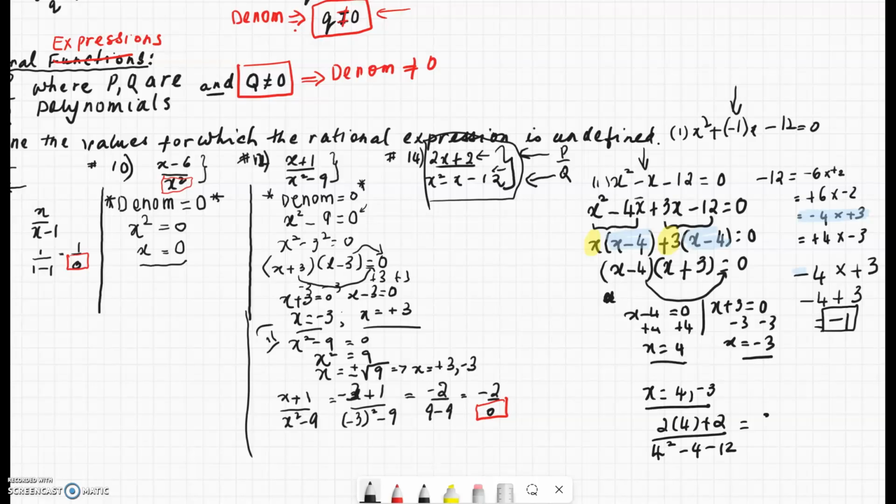So that is equal to 8 plus 2, that is 10, over 4 squared is 16, minus 4 is 12, 12 minus 12 is 0. So that's what gives you a 0 in the denominator. If you solved the equation correctly, then these two values are the values at which the rational expression is undefined, at 4 and negative 3.